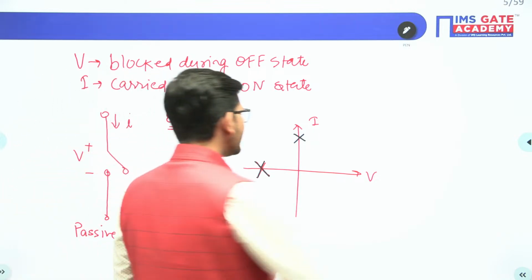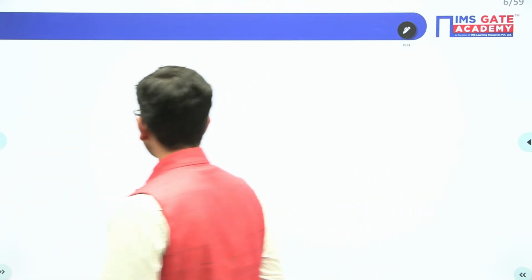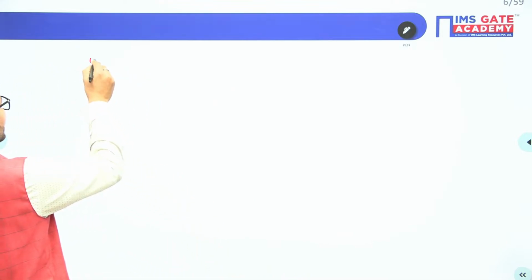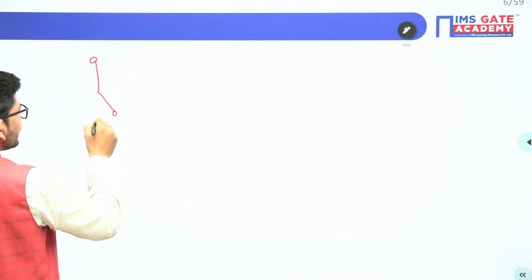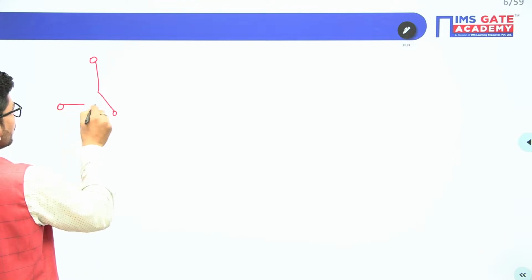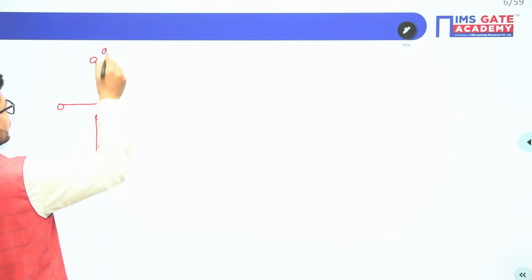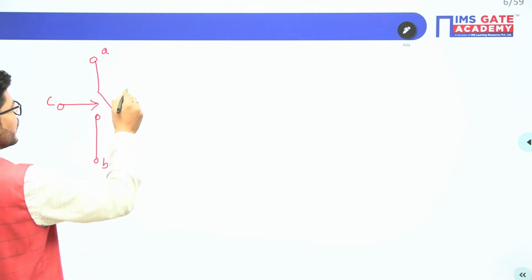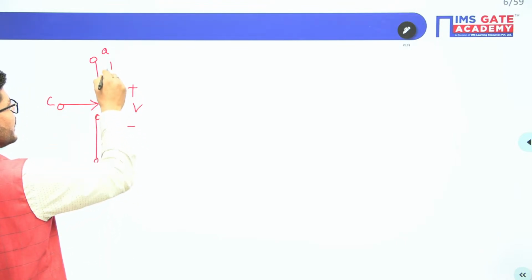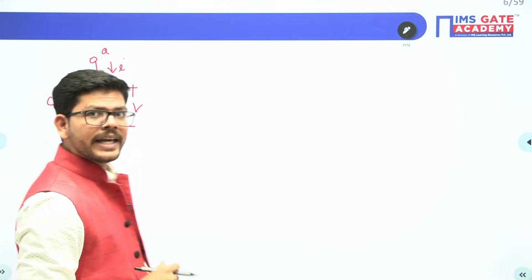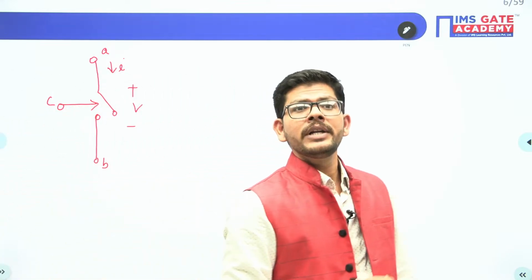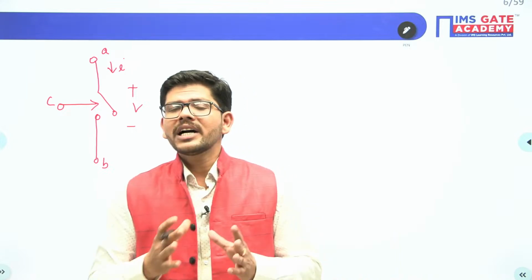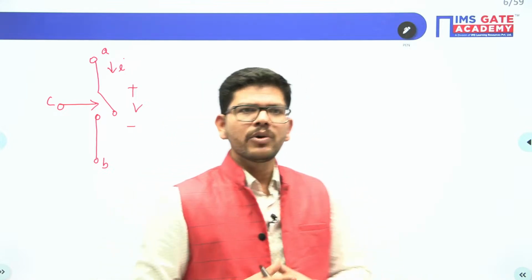But when it comes to an active switch, they normally have a control terminal. An active switch normally has a control terminal, and whether the switch is conducting or blocking depends upon the control signal given to the particular switch.